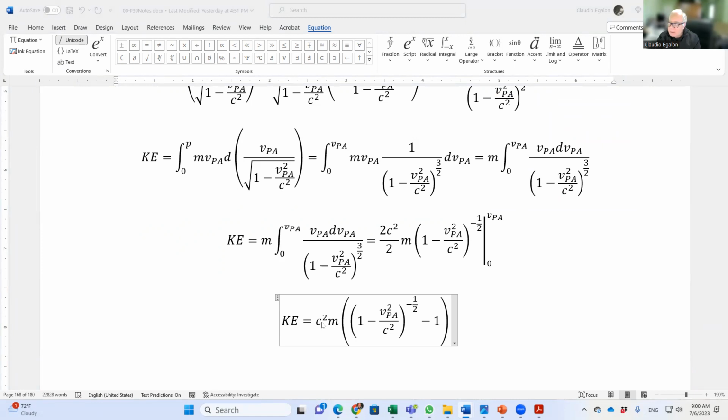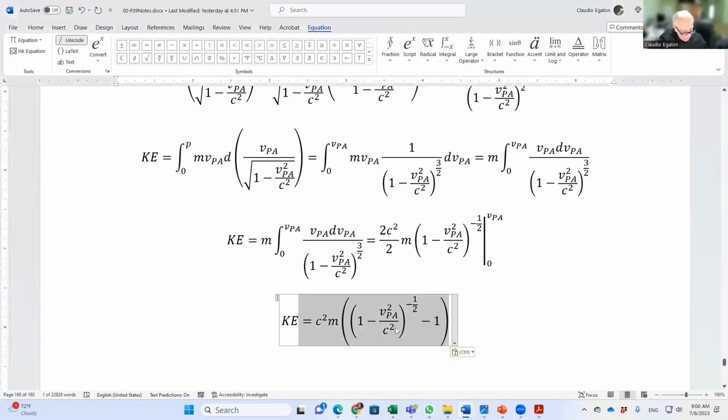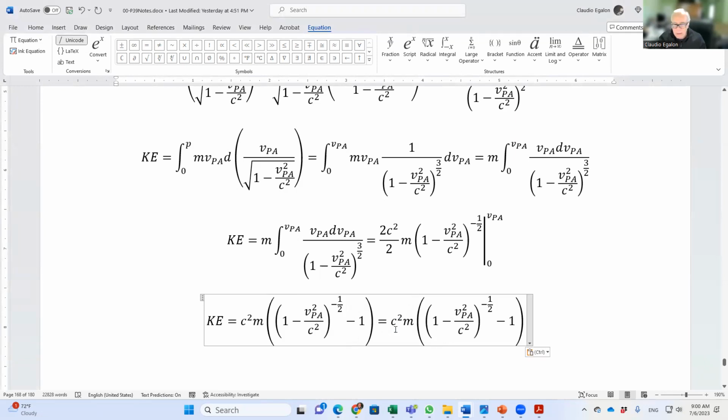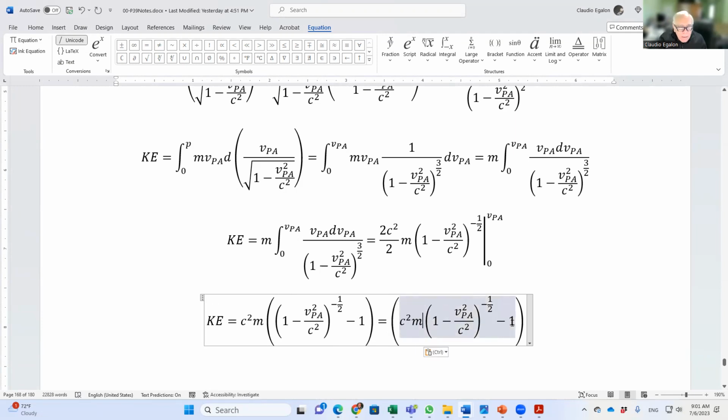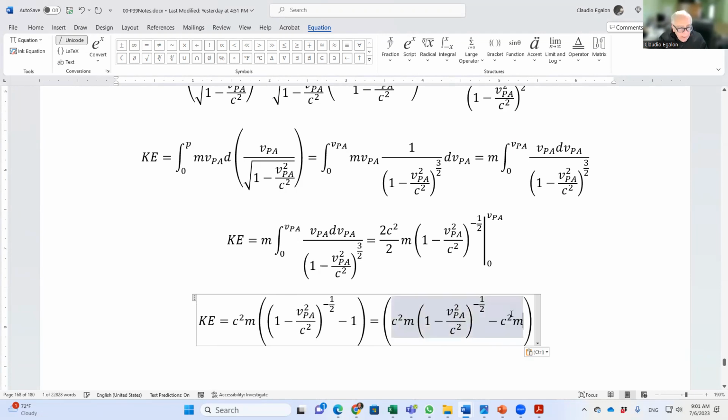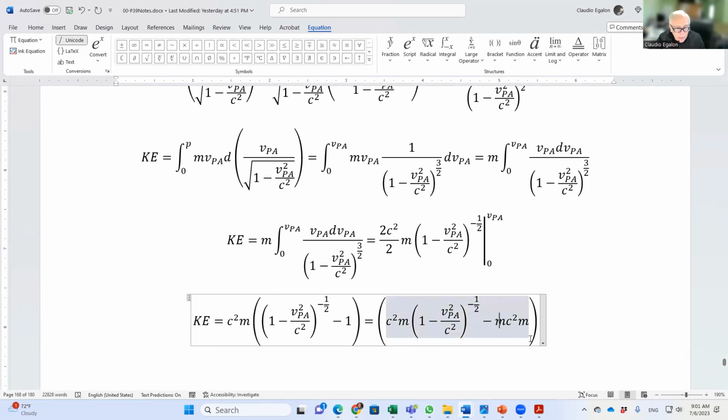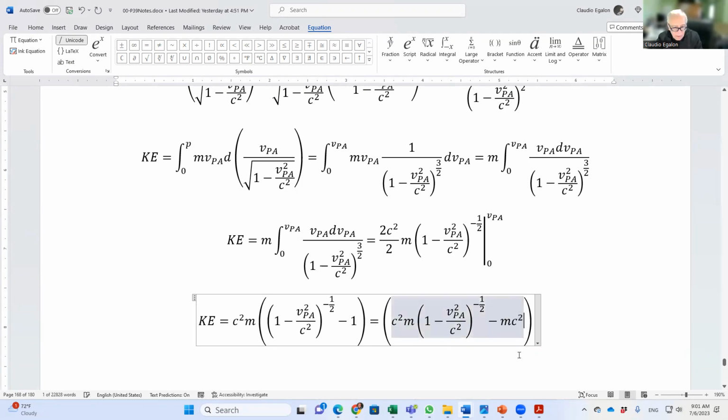What else can we do? Okay, one more step before we finish it. I'm going to get this term moved inside. Right? And this term here moved inside. And then I'm going to put it in the format that most of you will recognize.